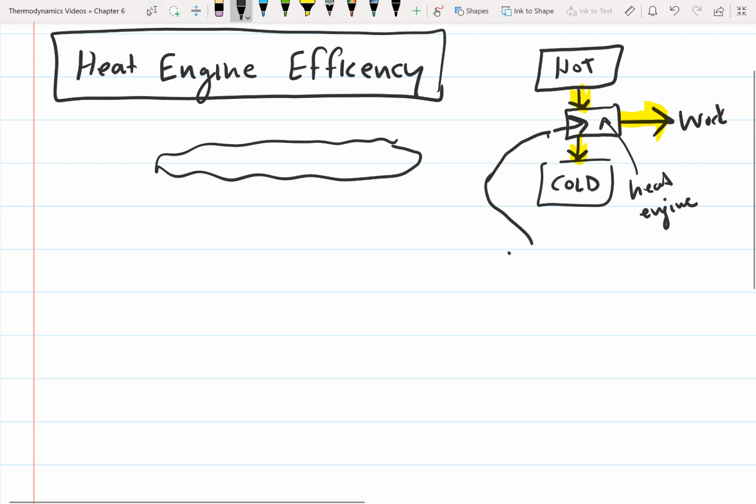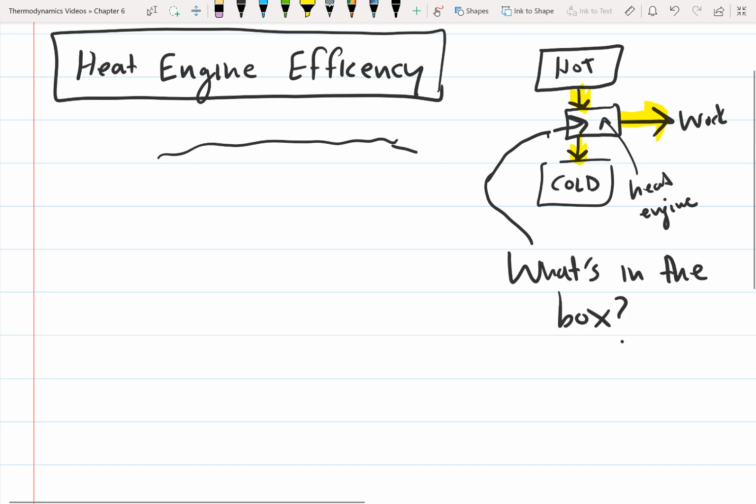So we have this box, what's in the box. And probably the best modern fit for a description of a heat engine is a steam power plant. So what we're going to do is look at a steam power plant. And a steam power plant is an external combustion engine.